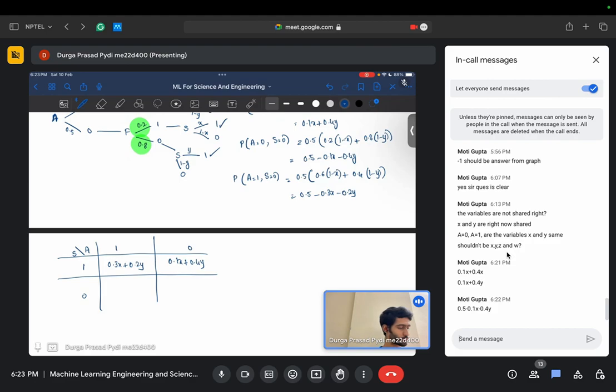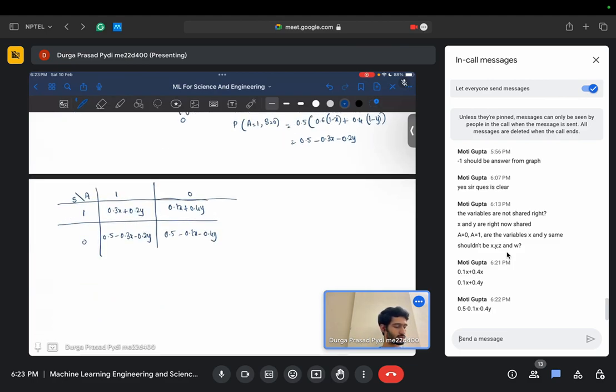S equal to 0, A equal to 1 is 0.5 minus 3x minus 0.2y, and both being 0. If you just cross check, this will be 0.5, 0.5. So they just add up to 1.